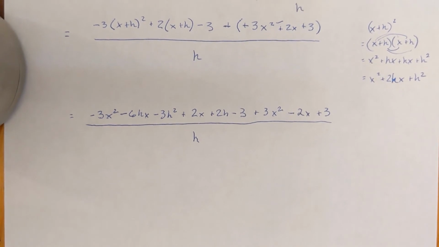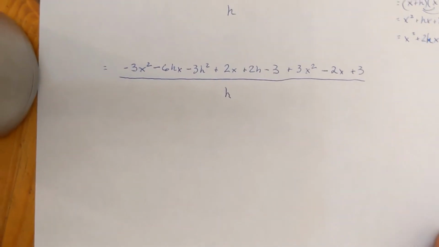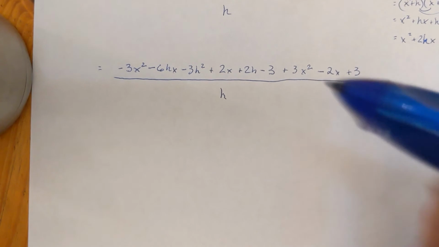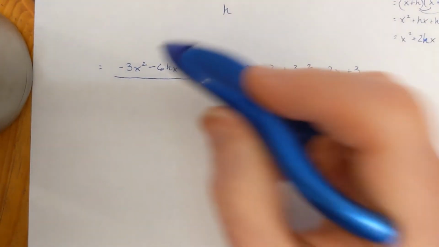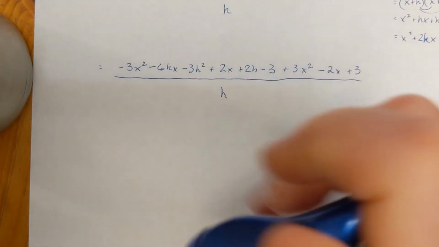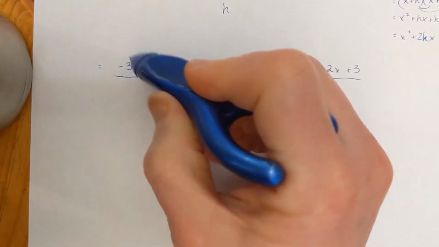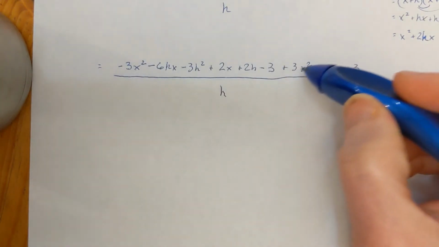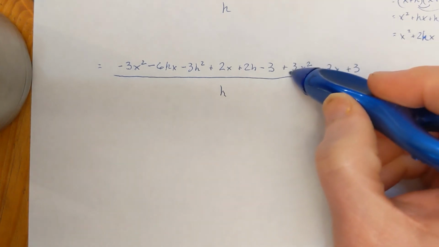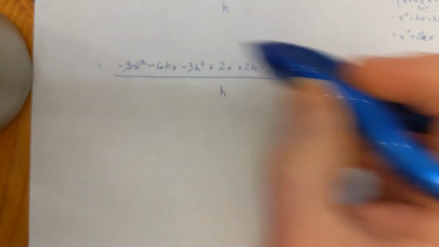I'm now going to combine like terms. If I've done this correctly, everything that doesn't have an h in it will end up canceling out. So I've got negative 3x squared and positive 3x squared. They add to 0.